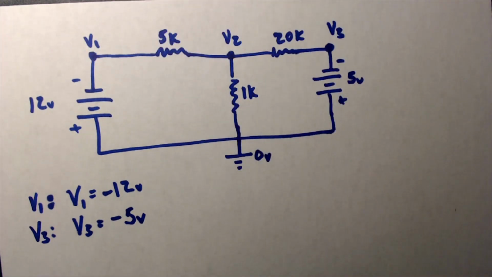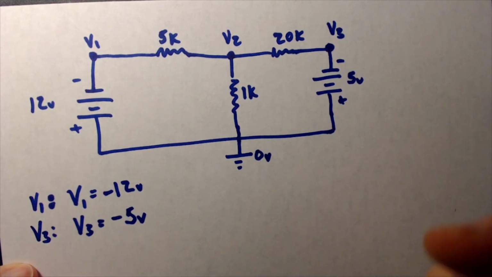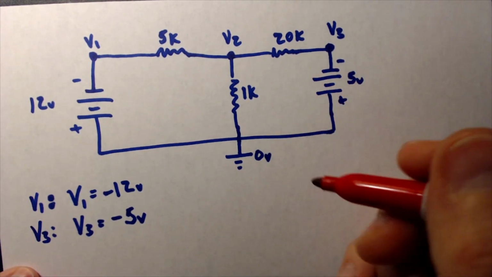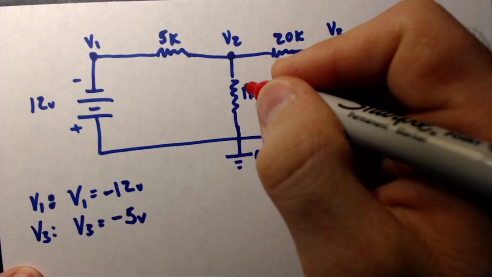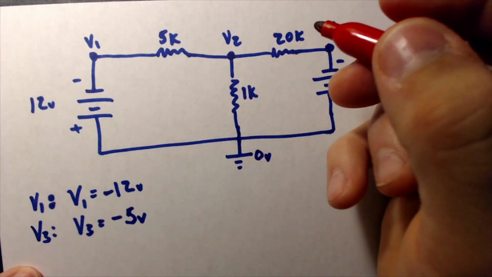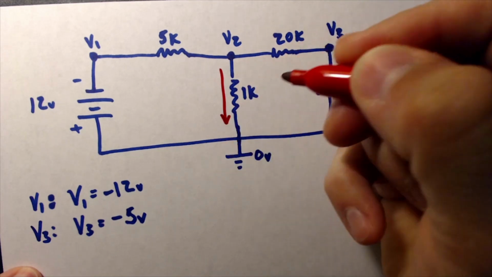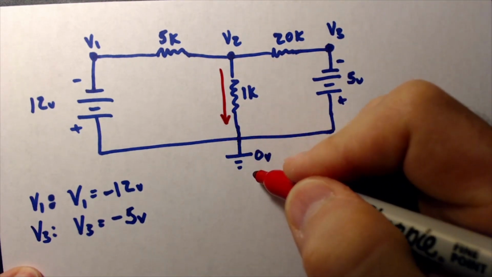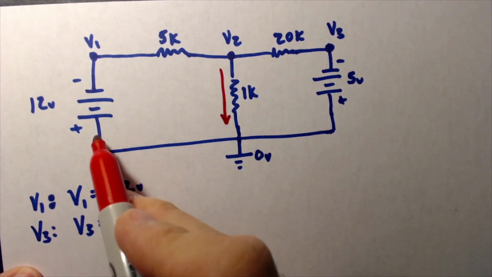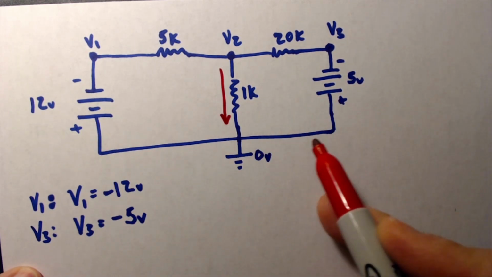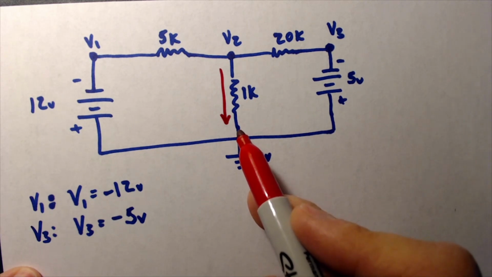Now let's go ahead and look at V2. And again, I'm not going to think too hard about this for ease of writing the current going through the 1K. I'll just draw my current to go down so that it's going towards 0 volts. Even though we know that in our final solution, our real current is actually going to be going the other way.